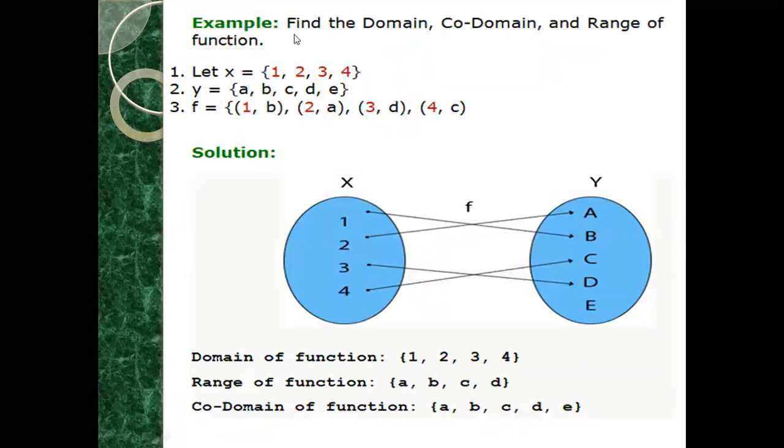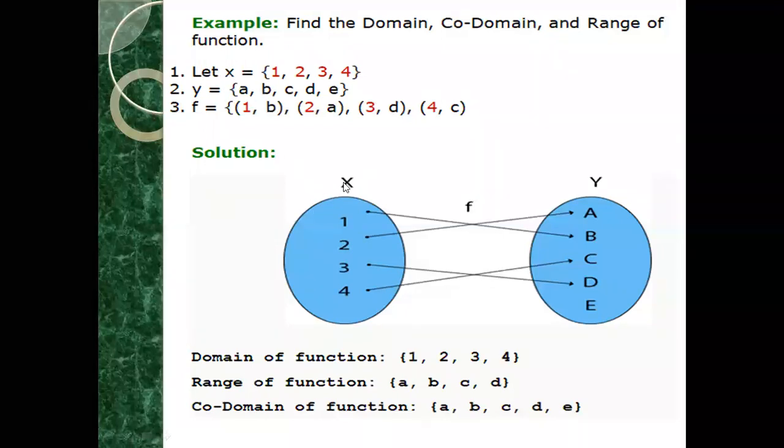Let us consider an example. Find the domain, codomain and range of the function. Given, let X is equal to 1, 2, 3, 4 and Y is equal to A, B, C, D, E. F is the given mapping for these two sets: 1 comma B, 2 comma A, 3 comma D, 4 comma C. First we draw a picture, a Venn diagram.